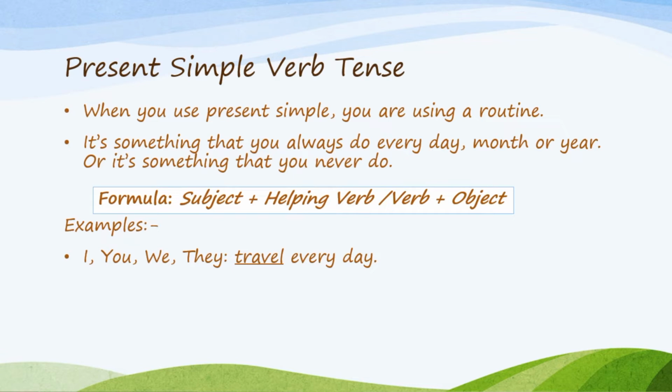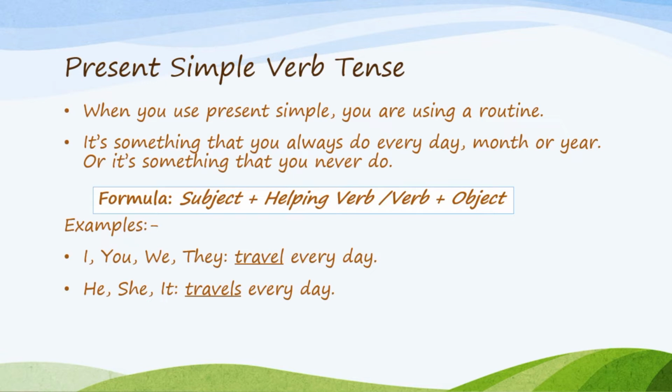Now our next example is he, she, it, right? These are the subjects. He travels every day, or she travels every day, or it travels every day. Normally we are not using it here, but he or she.